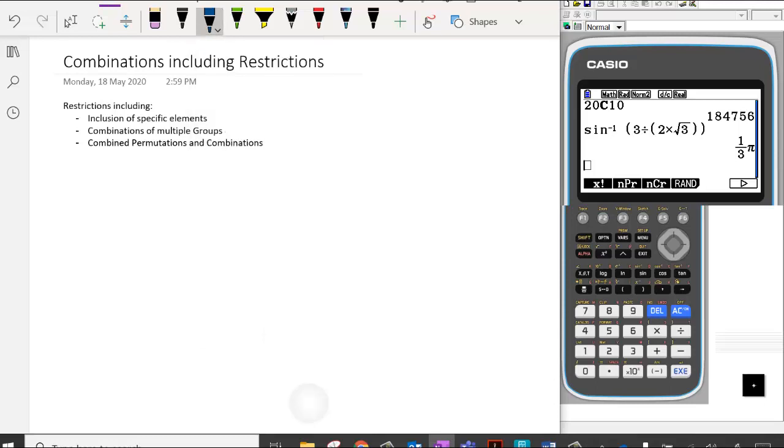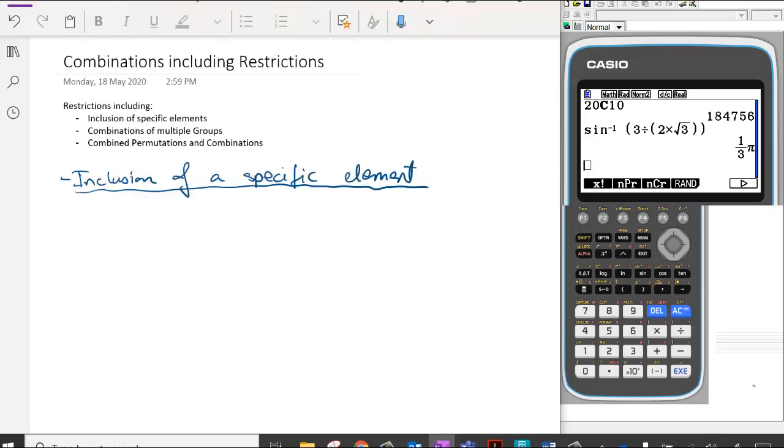So the first one, when we look at the inclusion of a specific element, is focused around the scenario where a specific element has to be included in the outcome in the selection.